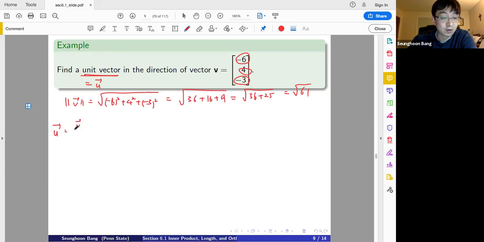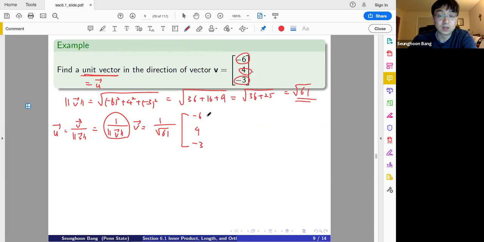Exactly, vector v divided by the norm of vector v, which is the same as 1 over the norm of vector v times vector v. The 1 over the norm of v is 1 over square root of 61, times vector v, which is negative 6, 4, negative 3.